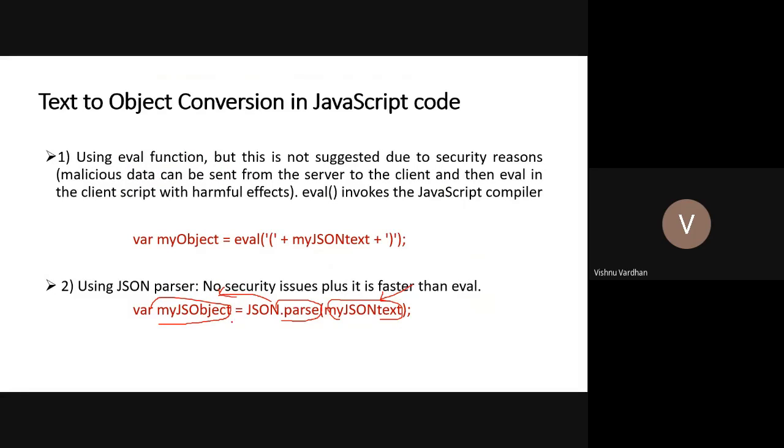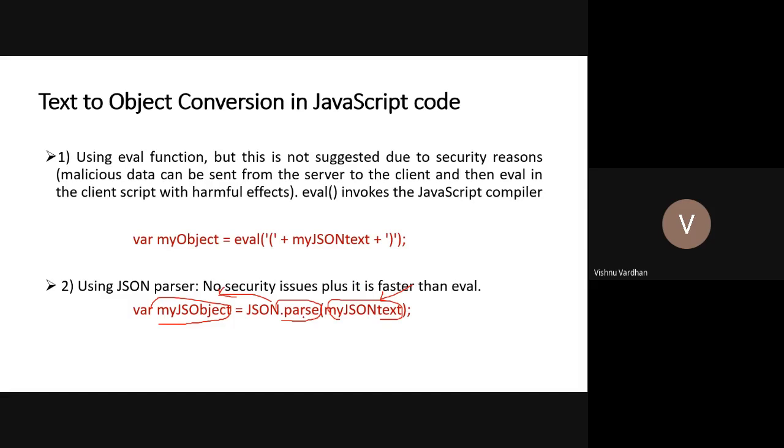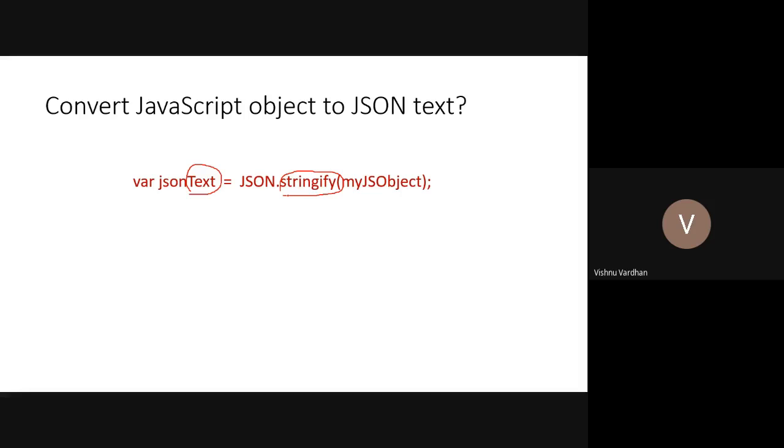Okay, so this is the conversion into the object, but this is the reverse one. It is actually stringifying the data. That means it is actually converting into the text format. So to convert into an object, we have the parse, and to convert into the string, we have this stringify method.